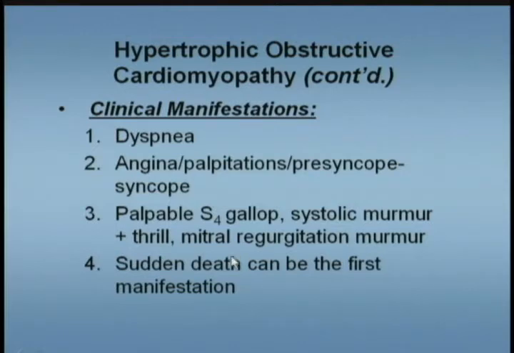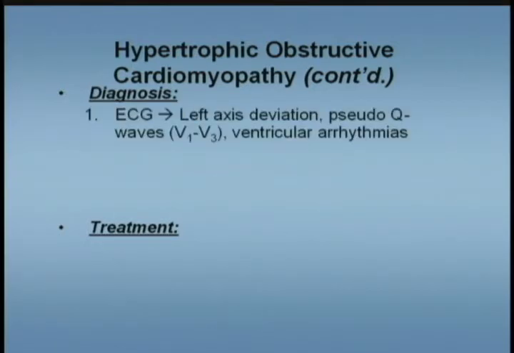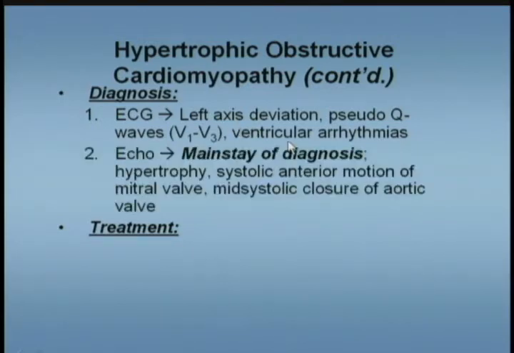But can be does not mean the same thing as most common. All patients with hypertrophic cardiomyopathy will have left ventricular hypertrophy on the EKG. But the most accurate thing is the echo, showing the hypertrophy and the alteration in valve function.